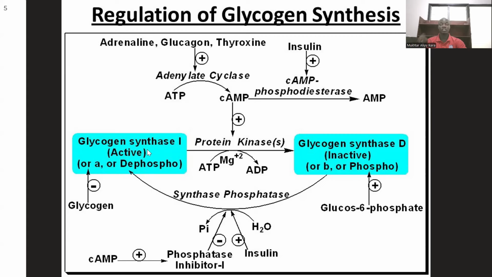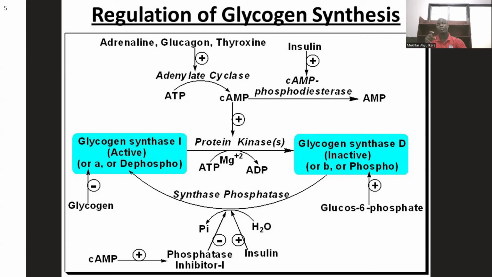It means that the glycogen synthase will be active. So once the enzyme is active, glycogen synthesis will continue taking place. Therefore, the amount of glucose present in the blood will start reducing due to glycogen synthesis. So that is what actually happens.